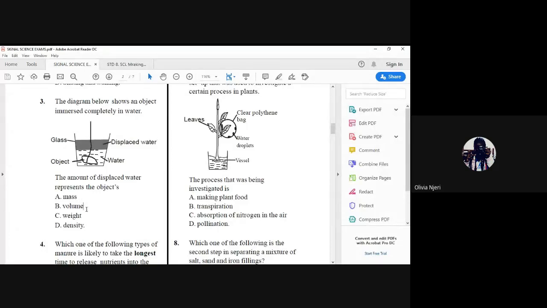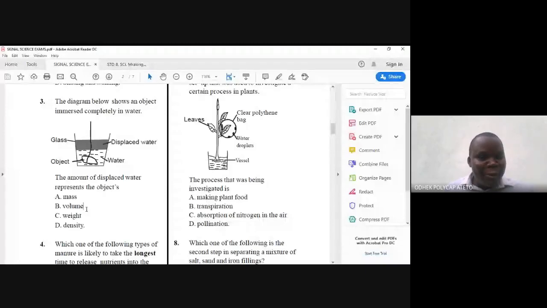It is the amount of space occupied by a substance. The volume is measured using centimeters cube, meters cube, and we also use a measuring cylinder.